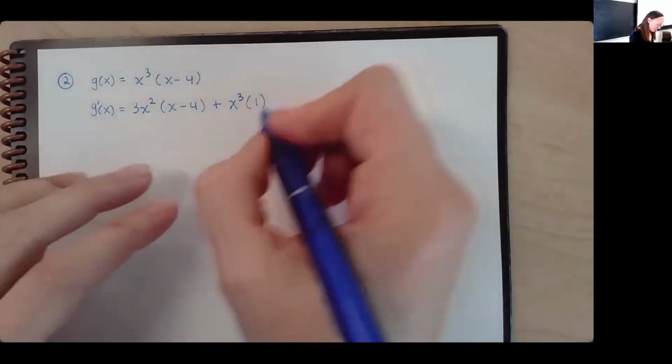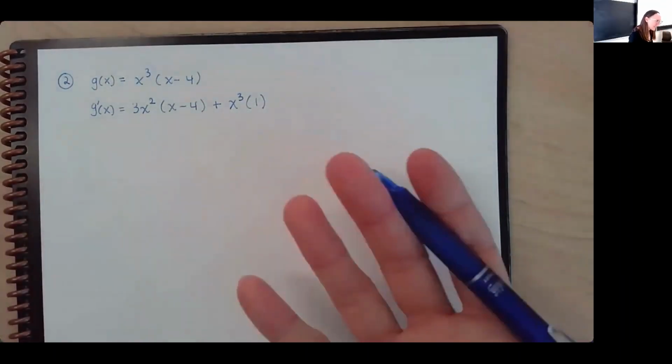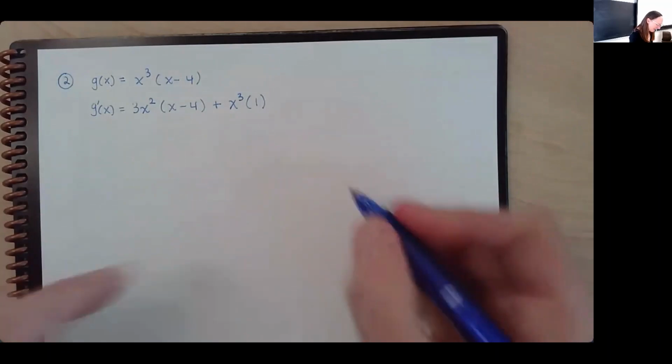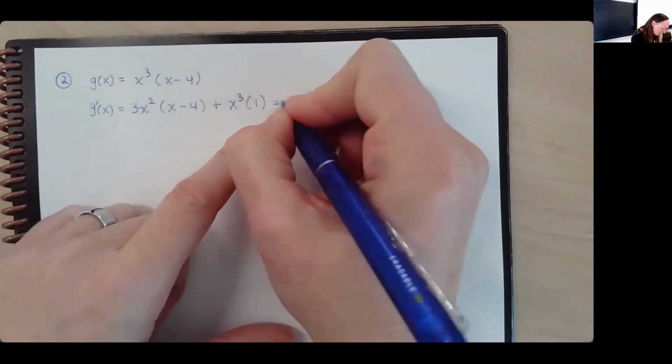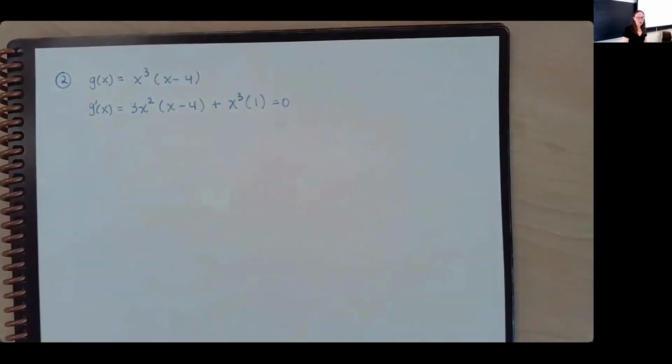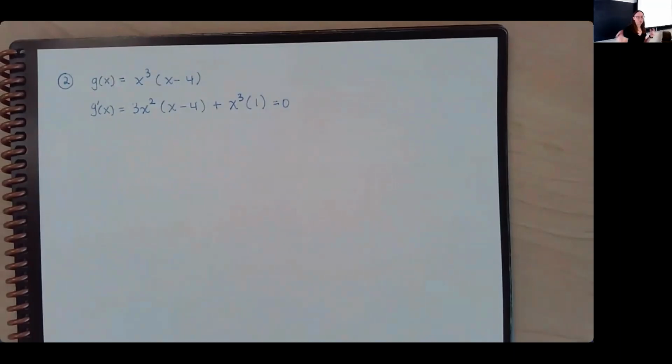It is good to practice setting this equal to 0 and solving for x. By the way, if my derivative is equal to 0, thinking about the geometric meaning of derivatives, I know that's a place on the graph where I have a horizontal tangent line, because that's a place where my slope is 0.